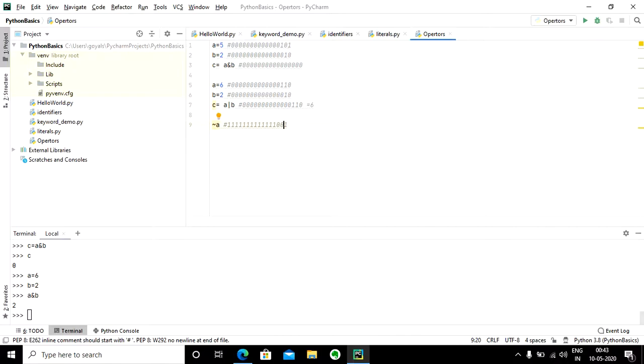If I calculate the magnitude of this, the output comes out to be -7. So let me just check if I am getting -7 or not. Yes, I am getting -7.